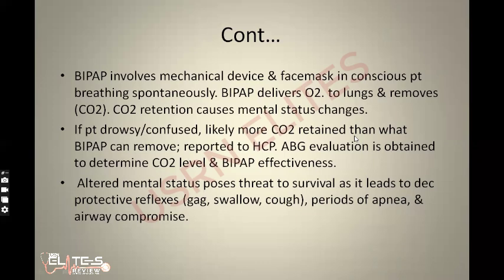And that is making the patient drowsy. So you do your ABGs. If you think CO2 is too much in the blood, then you have to consider a different means. You have to remove the BiPAP mask or stop the BiPAP ventilation. Then you will have to do proper intubation and invasive mechanical ventilation.